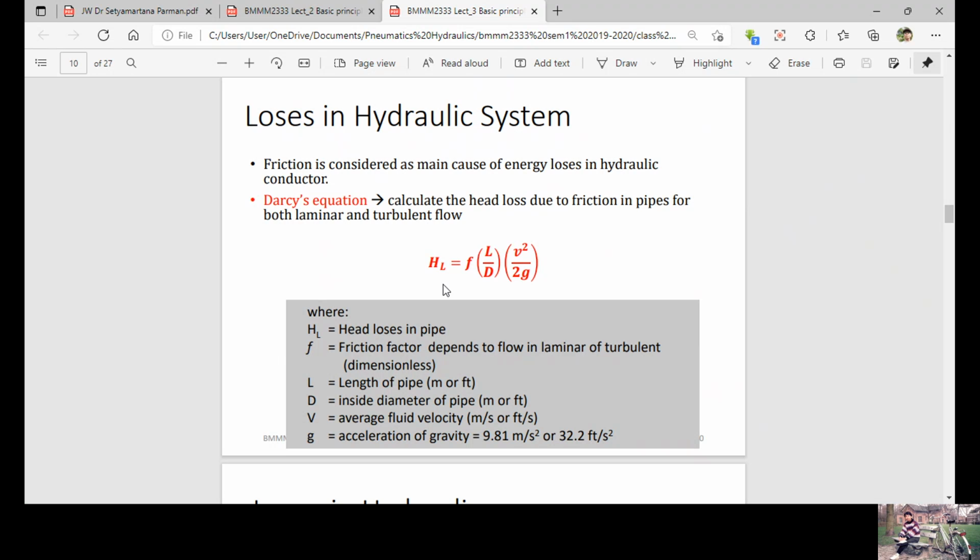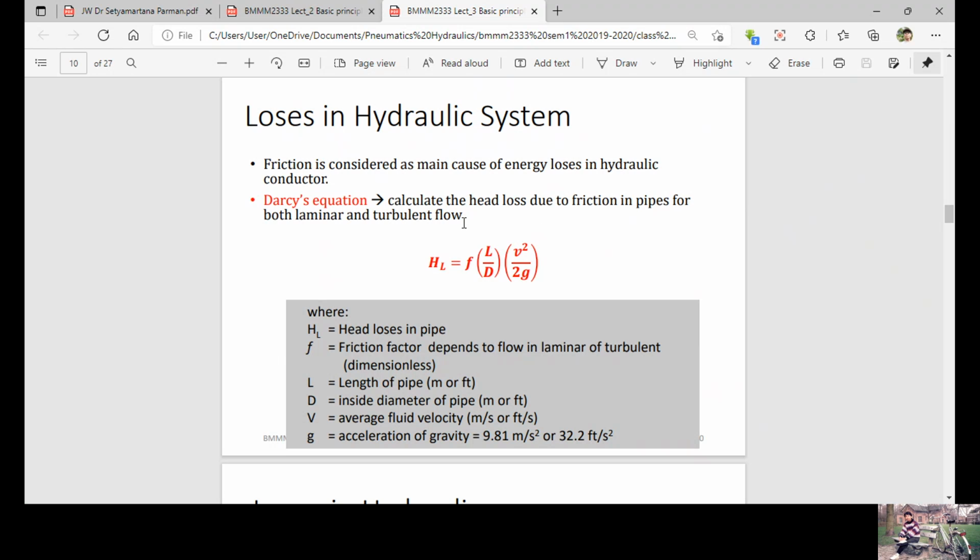And then we see HL. This is the loss in the hydraulic system due to friction. Friction is considered the main cause of high energy losses in hydraulic conductors. Using the Darcy equation, we can calculate the head loss due to friction in pipes for both laminar and turbulent flow.